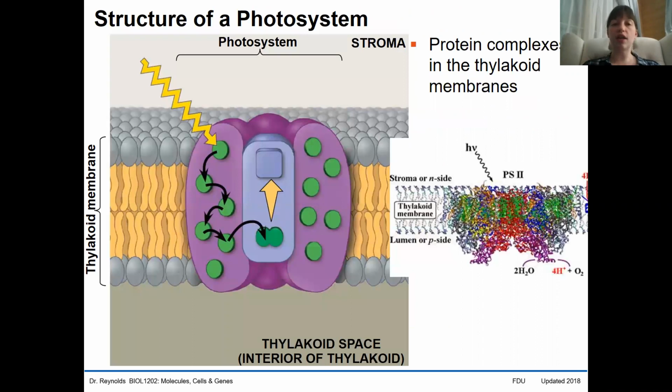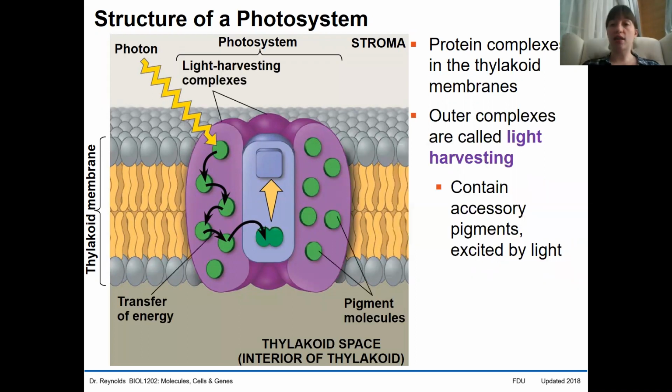So if we take a look at a photosystem, these are going to be protein complexes which are embedded into thylakoid membranes. When we talk about photosynthetic membranes and functional membranes, we're talking about the functionality of proteins in those membranes. For photosynthesis, we're specifically talking about the photosystems.